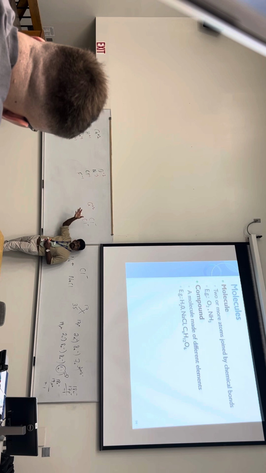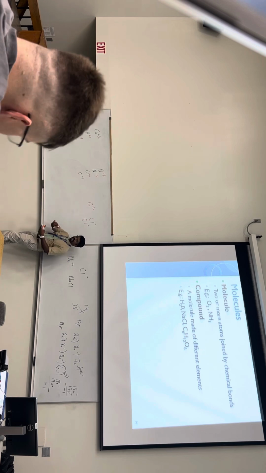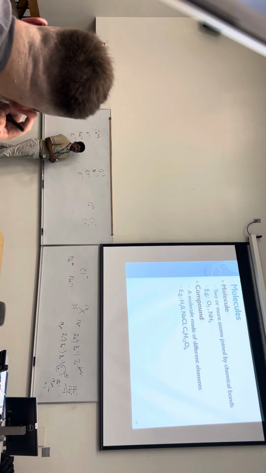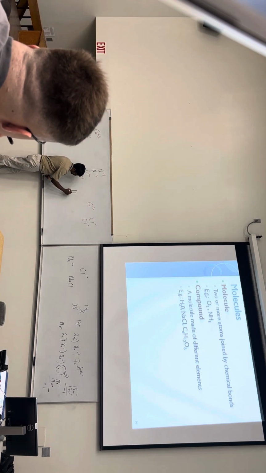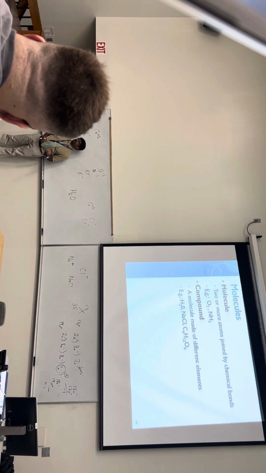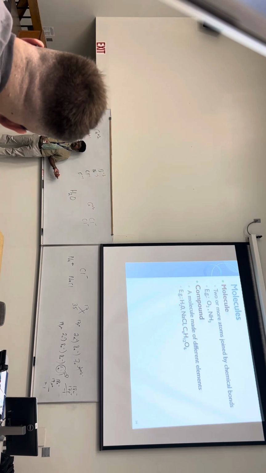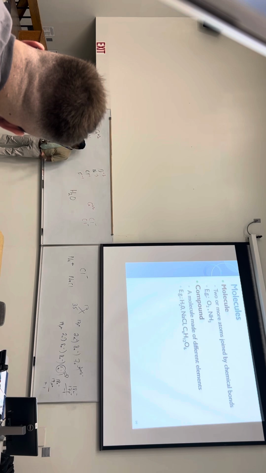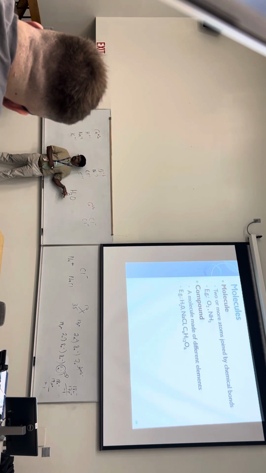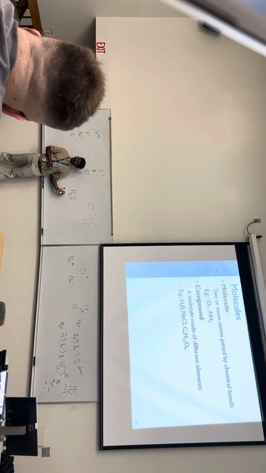Okay, this can be a little tricky. So H2O, let's look at that. What's in H2O? What elements are there first of all? Hydrogen and oxygen. Next is what does this number tell us? It's called the subscript.